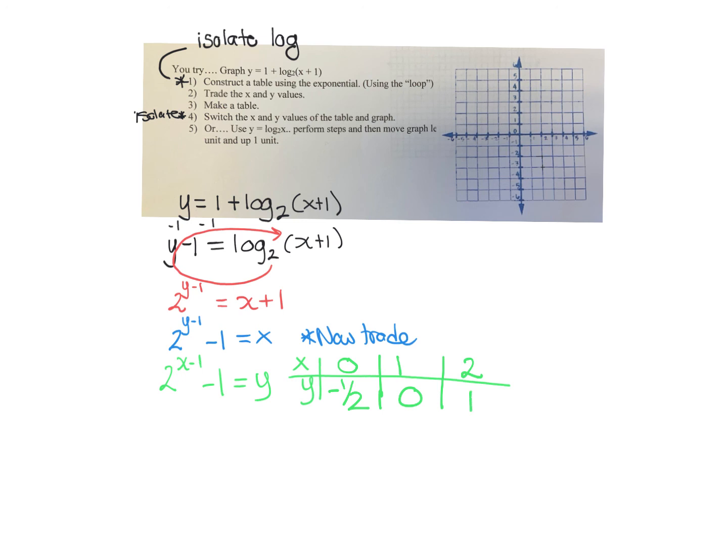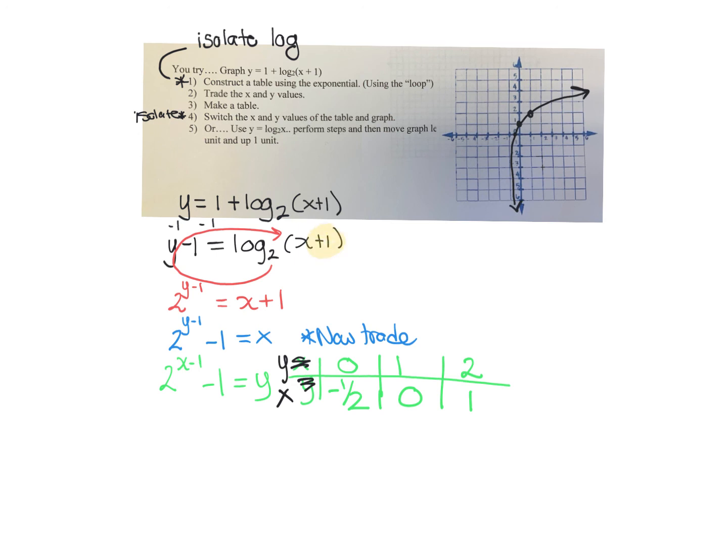And then don't forget, trade them back. Y, x. So at -1/2, I'm at 0. At 0, I'm at 1. And at 1, I'm at 2. This thing shifted. And do you see this right here?